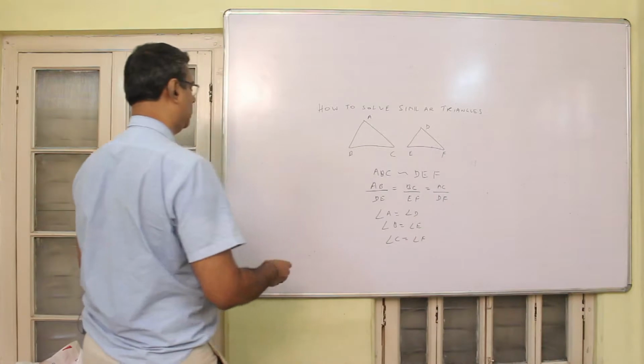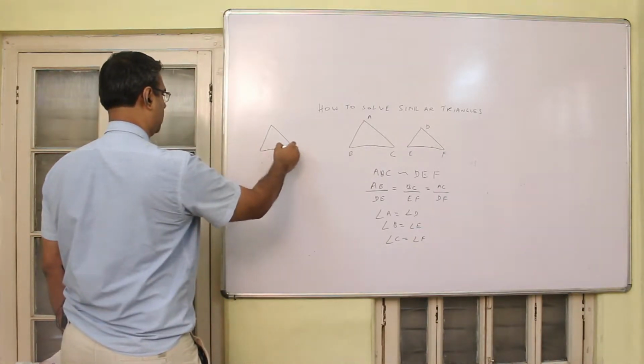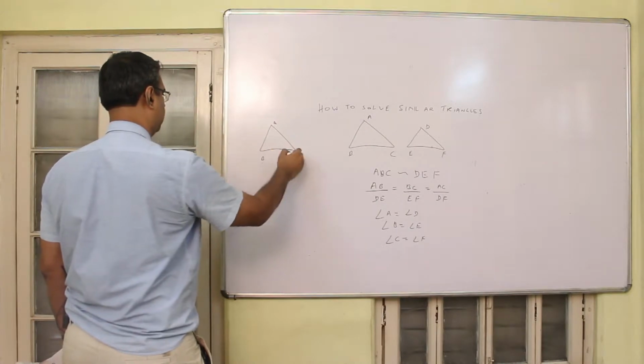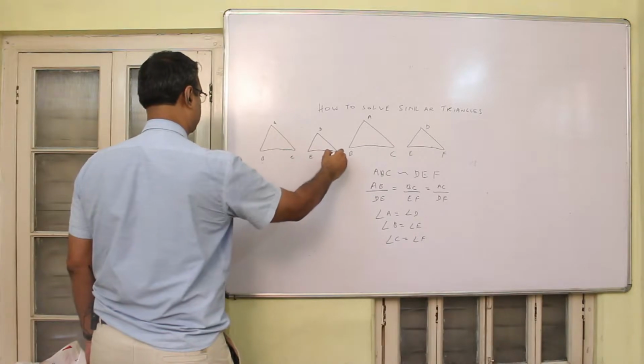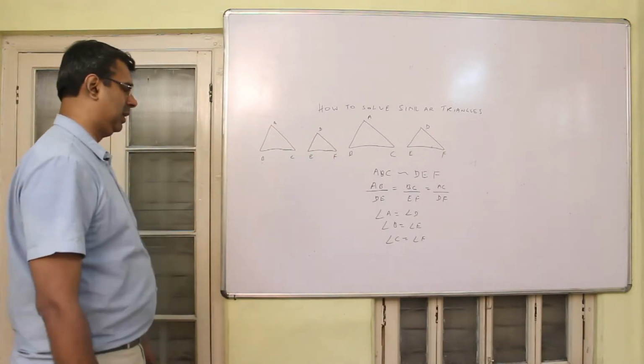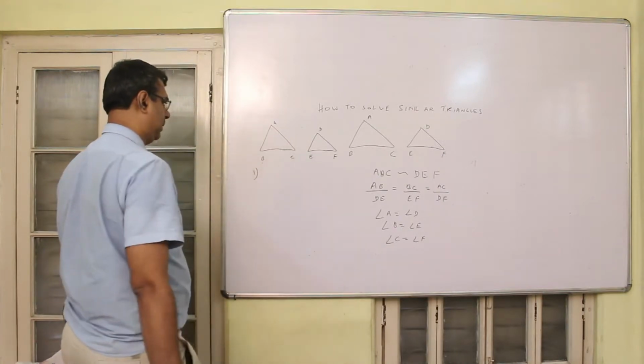Now, suppose you are given triangles ABC and DEF and you are asked to verify whether they are similar. In that case, there are three ways to prove similarity.